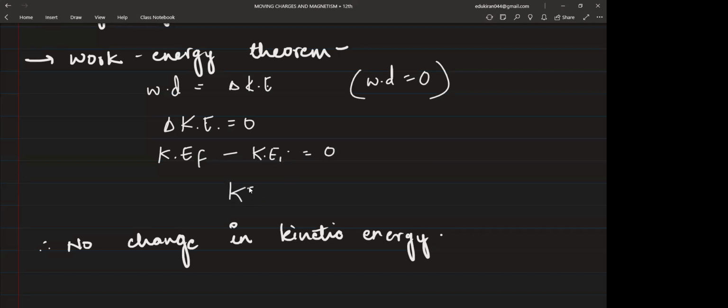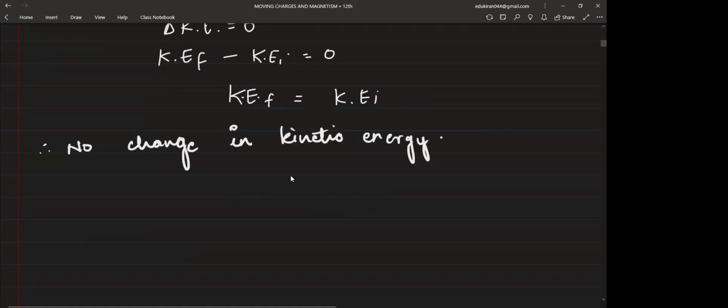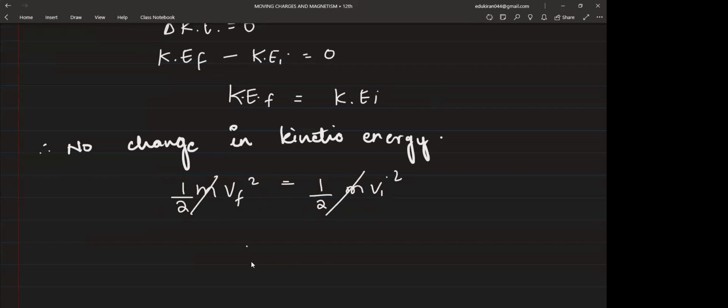So kinetic energy final is equal to kinetic energy initial. No change in kinetic energy. Half m v final square is equal to half m v initial square, half m cancelled. Final velocity is equal to initial velocity.